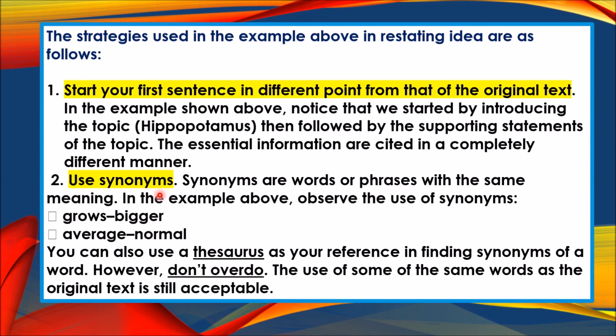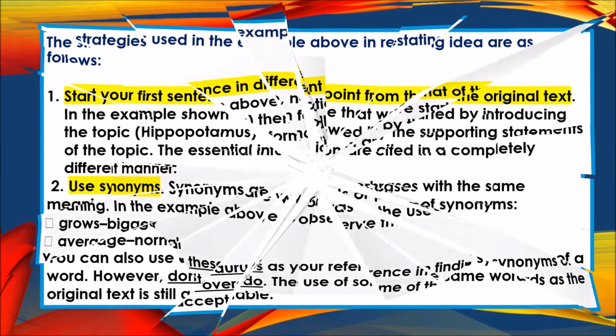Tapos, gumamit tayo ng synonyms. Anong synonyms? Yung synonyms are words with the same or almost similar meaning. Okay? So, we can use also thesaurus. Pero nga sinasabi rito na huwag daw masyadong ibahin ang lahat ng mga terms kasi nag-iiba ang meaning. Okay? Nag-iiba ang meaning niyan.